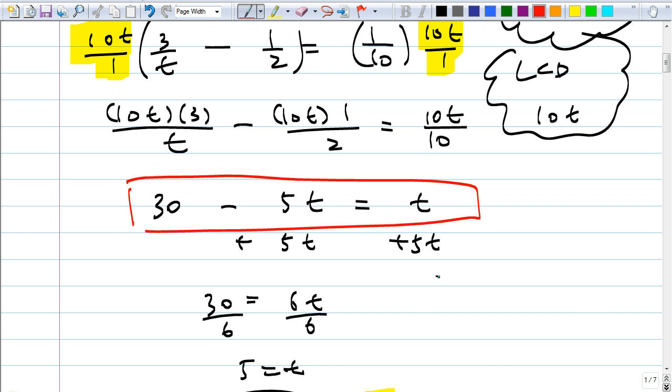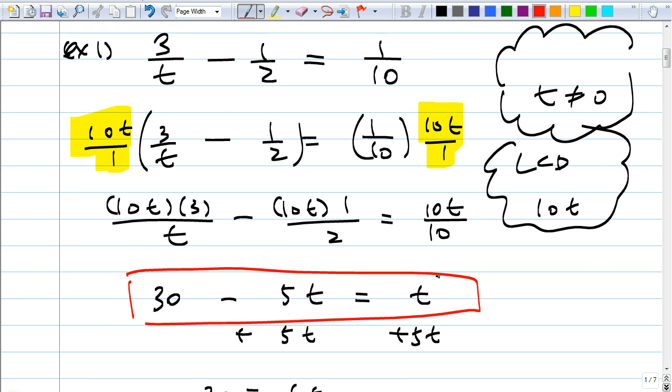Well, okay, hold on. Do we need to write down the restriction? Not really. Think about this: we wrote these restrictions when we were simplifying expressions, right? We're saying that the expression cannot have something. But when we're solving it and we get the answer t equals 5, what does that mean? Everything else doesn't work, right? That's what we're saying. So you don't have to say, oh, by the way, what was our restriction? t can't be 0.